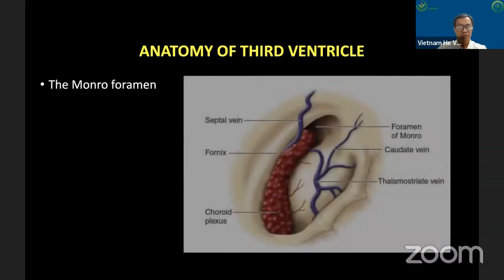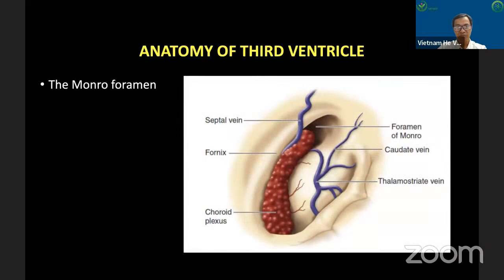And the foramen of Monro, with the septal vein, fornix, choroid plexus, the thalamostriate veins, and the other veins.